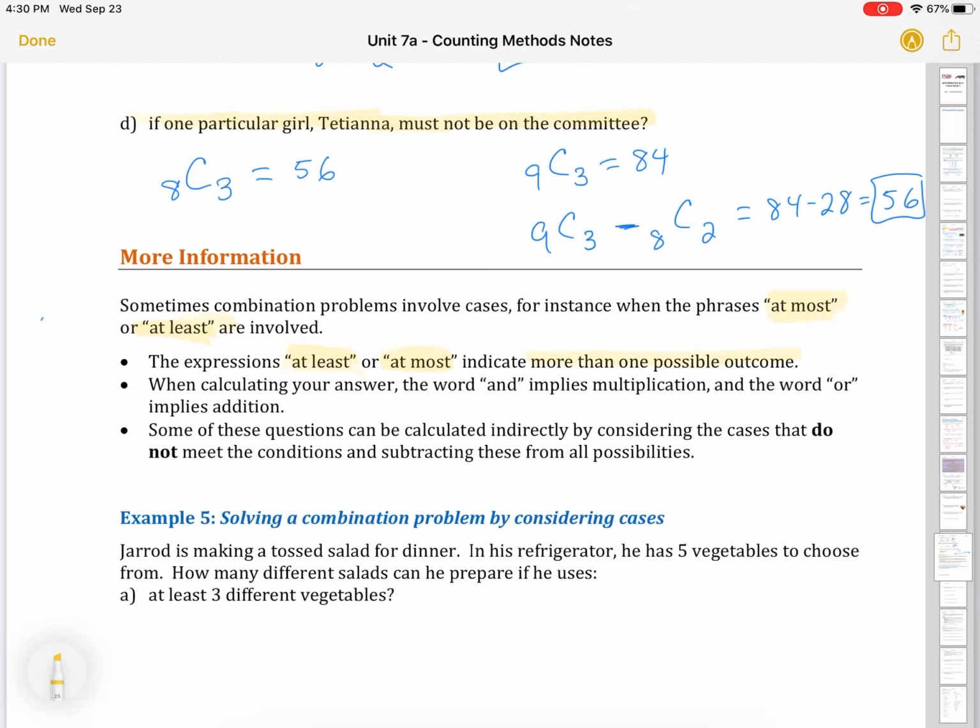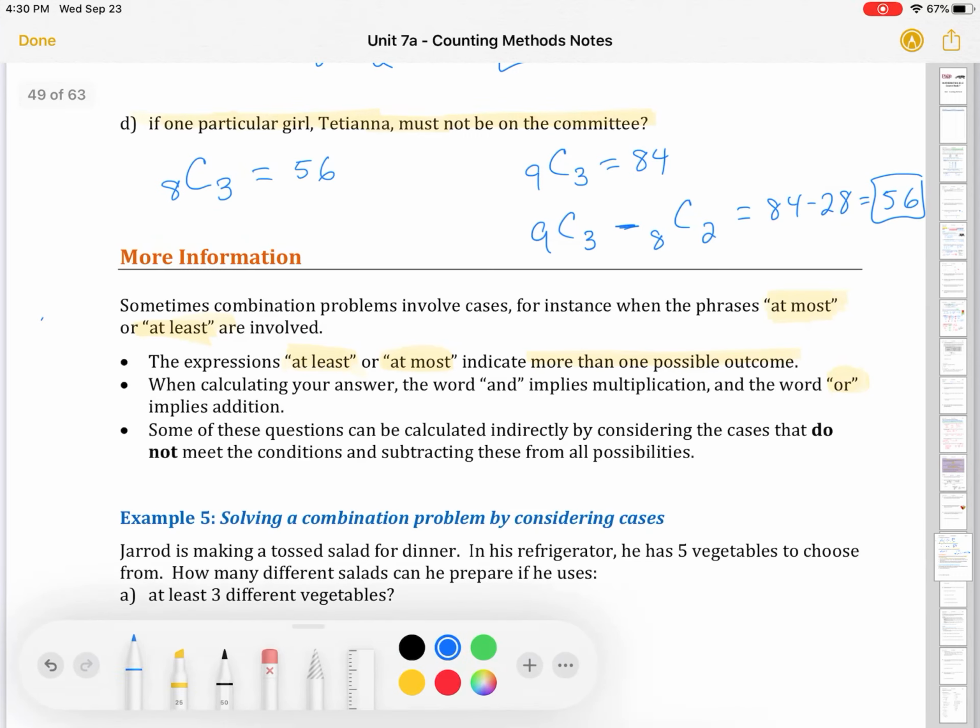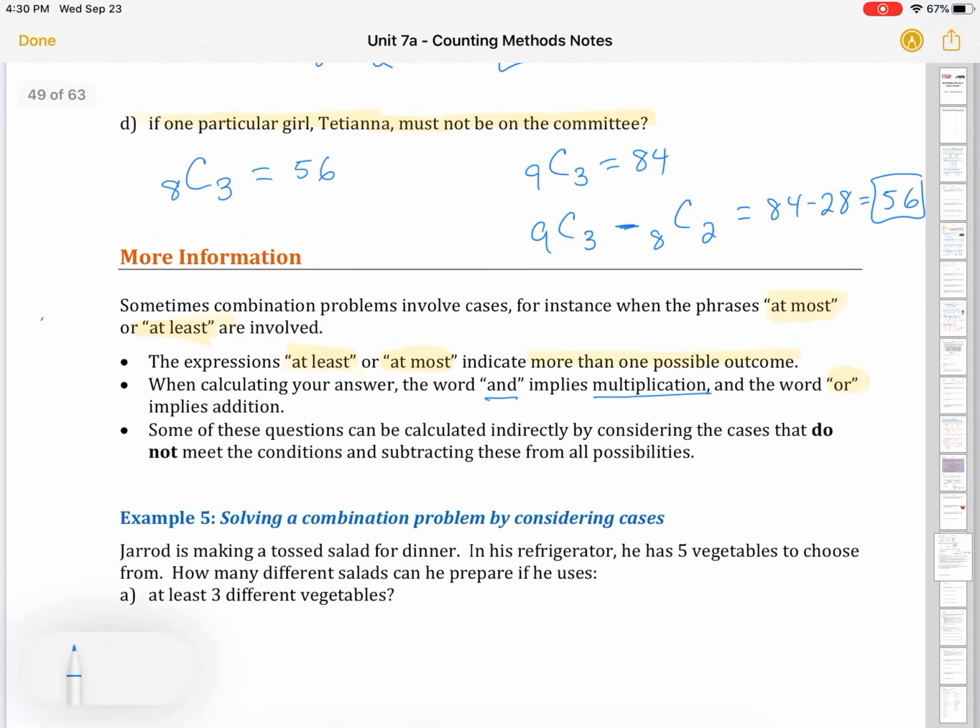So we really need to read those questions carefully. The expression at least or at most indicates that there is more than one possible outcome. When you're calculating your answer, the word and implies multiplication, and the word or implies addition. We've talked about that. So and implies multiplication, and or implies addition.